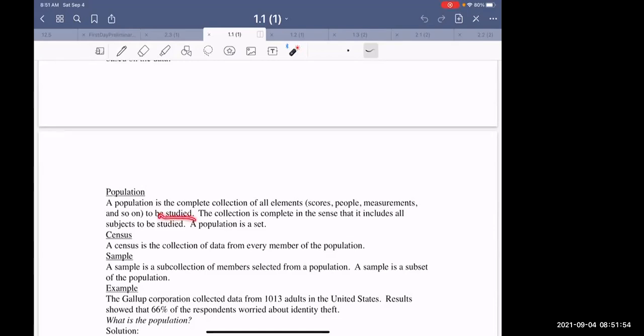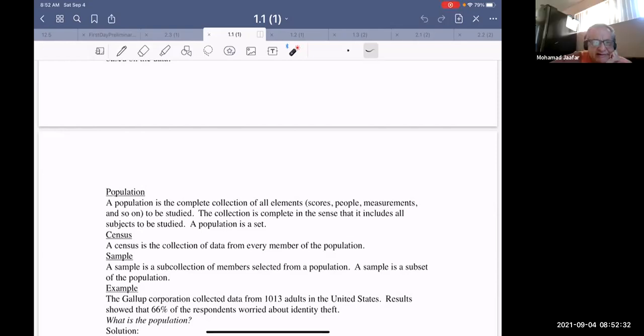What are we interested in studying? So remember, population is the complete collection of what we want to study. So what do we want to study? Who do we want to study? Anyone? Don't be shy. Turn on your mic. I'm waiting for answers. Who are we interested in?